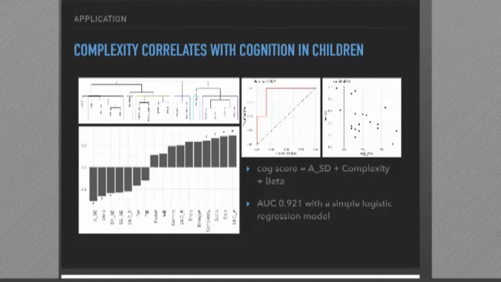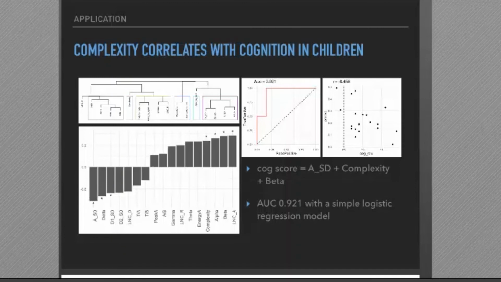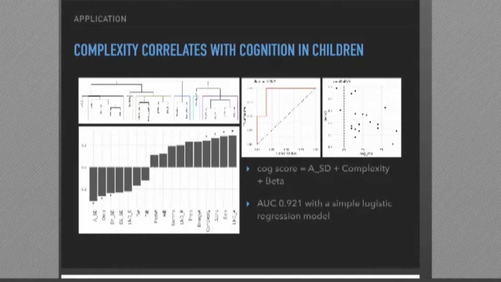And the scores from the model were inversely correlated with the actual cognitive score in children, with a correlation of minus 0.458. And complexity does seem to be quite reflective of cognitive ability in children, although we needed to include a few more of these other features to bring out the best.